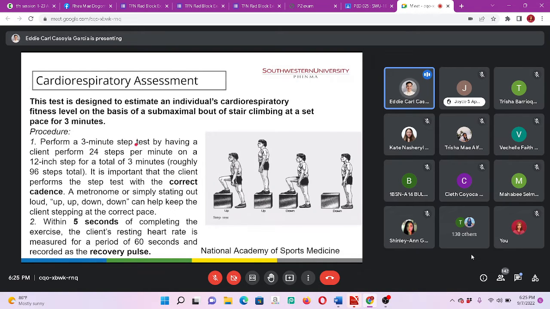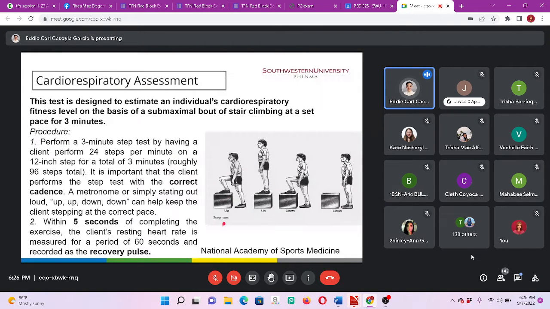The first equipment for the cardiorespiratory 3-minute step test is a stair or a box that you can use, and make sure that the box or the stair measures 12 inches. That's the correct measurement for your equipment.